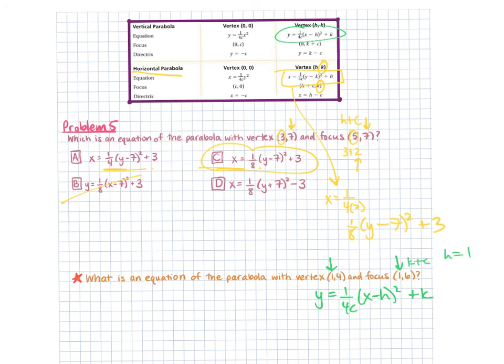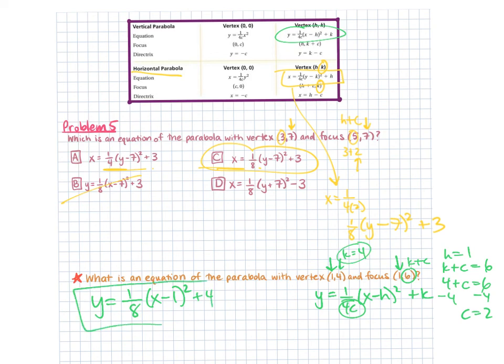So h is 1, k is 4, so k plus c equals 6, and it's 4 plus c equals 6, so c is 2. So this is y equals 1 over 4 times 2, which is 8, times x minus h, which is 1, squared, and then k was 4, plus 4.